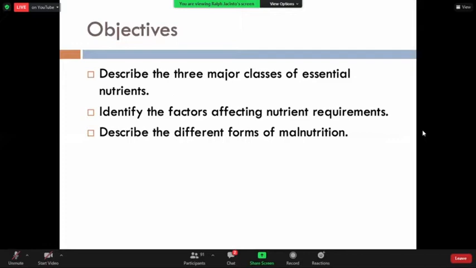And then we will also look at the factors affecting the required nutrient intakes as well as what we call your nutrient requirements. These are a set of standards that we look at in order to determine if the level of the nutrient is enough, over, or less. Okay. And then we'll also look at the different forms of malnutrition.